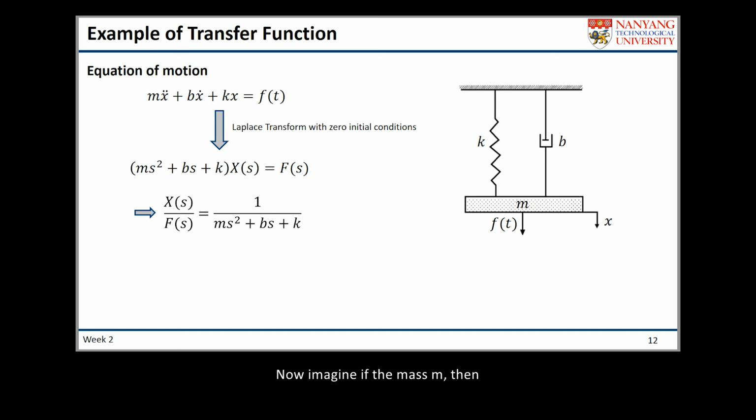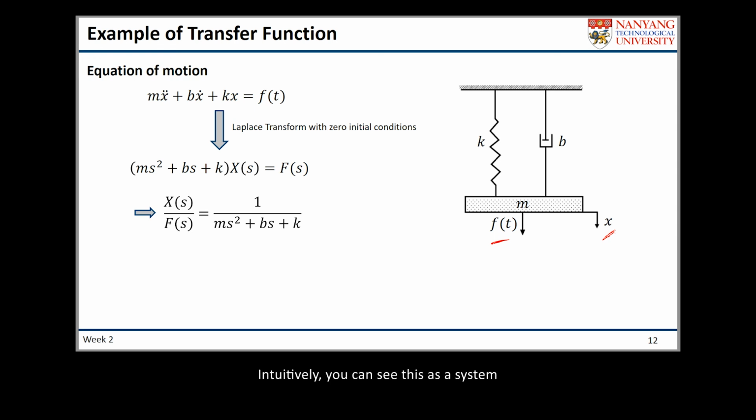Now imagine the mass M there, and you excite this mass with a certain dynamic force F(t). What will happen to this mass? This mass will be displaced by x. So x represents the displacement, the motion of the mass, while F(t) represents the force that you use to excite the mass.